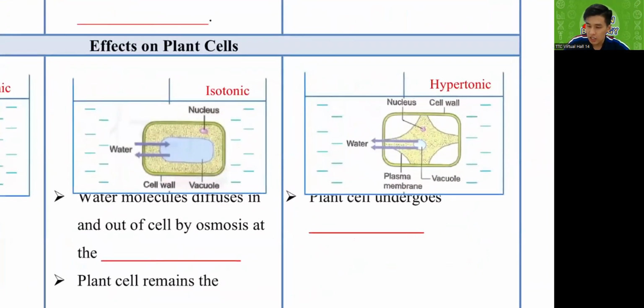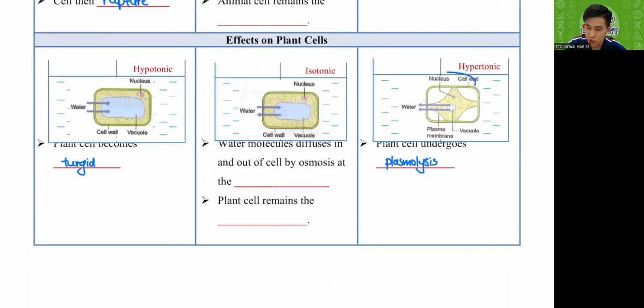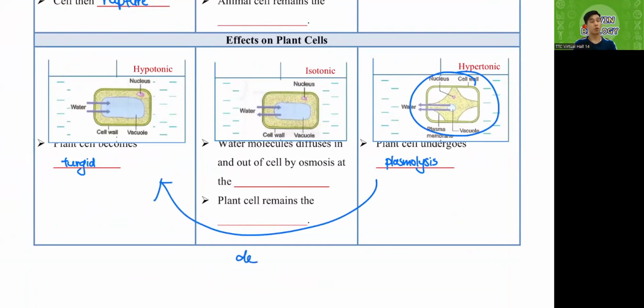Then if water comes out from plant cell, it's called, no, not deplasmolysis, it's plasmolysis. Deplasmolysis is when you take this shrunken cell already, you put back in distilled water, it expands back, then only you say deplasmolysis. Means you shrink already, you expand back.